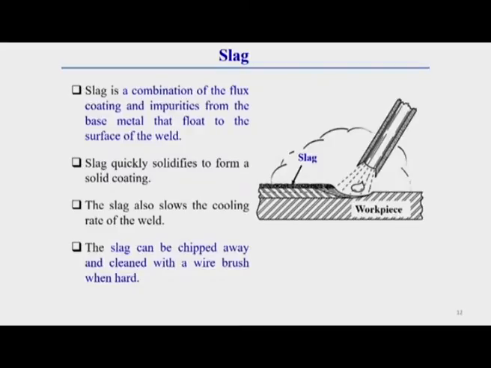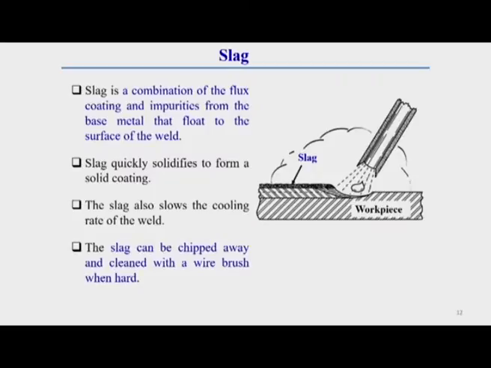It also solidifies much faster than the molten material. So it provides a solid cover over the surface of the molten pool. As I have already told you, this solid cover also reduces the cooling rate. Due to this slow cooling, the weld metal ductility also increases.